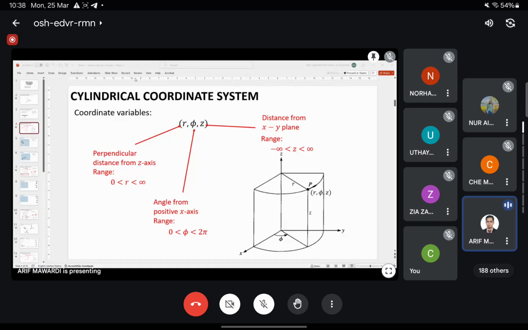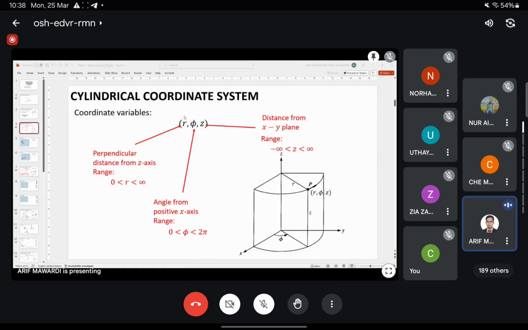In this cylindrical coordinate system, r is the perpendicular distance from the z-axis, phi is the angle from the positive x-axis, and z is the height from the xy plane. So z here can be either positive or negative. If the point is above the xy plane, then z is positive, and if the point is located below the xy plane, then z is negative.